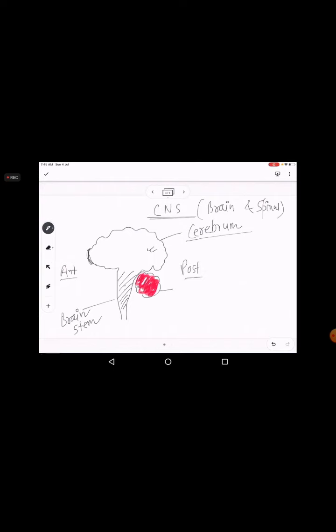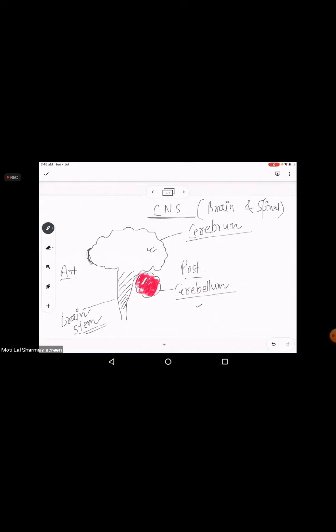So these three parts, you should know at minimum. The cerebrum, the largest, topmost part. Below that, a stem-like structure, the brainstem. And behind the brainstem, posterior to it, and inferior to your cerebrum, there is the second largest part, the cerebellum.